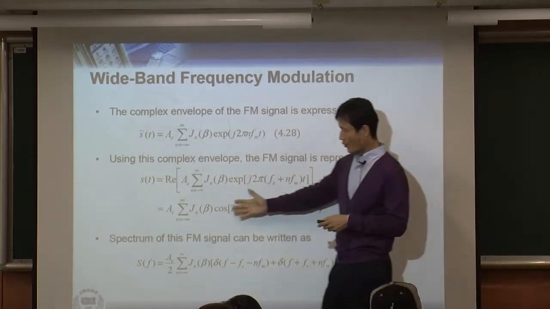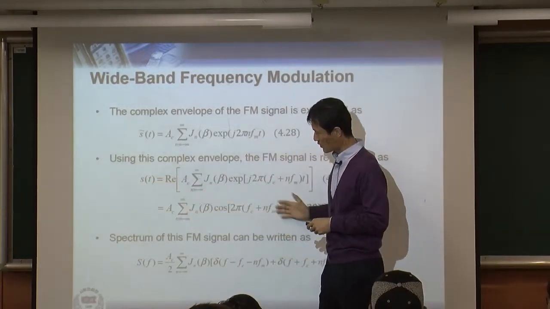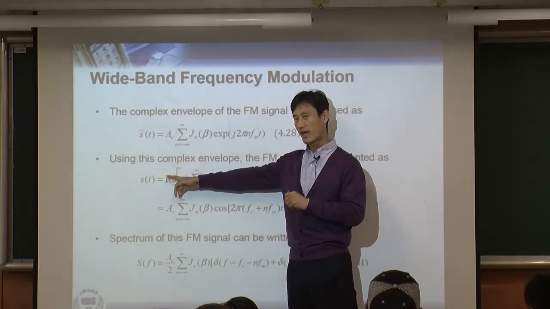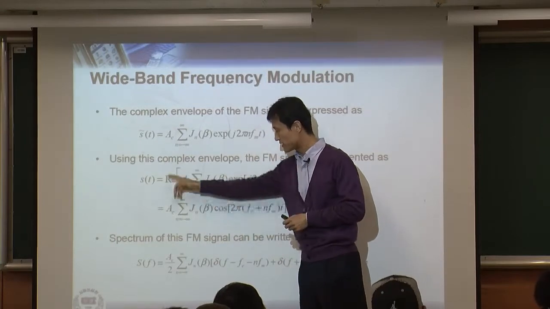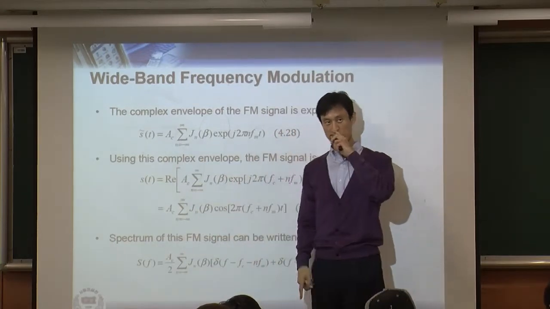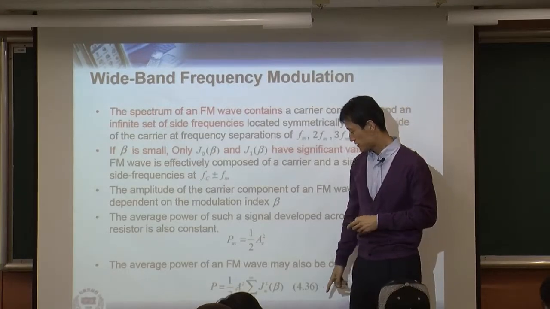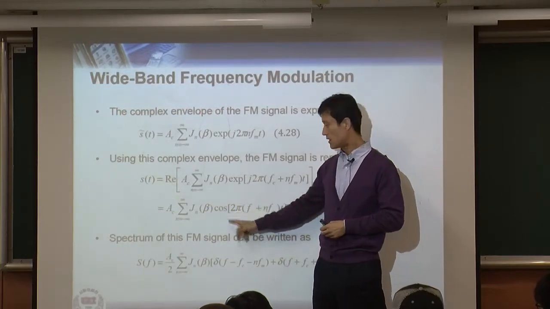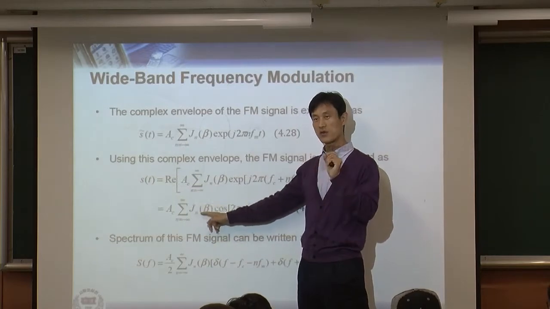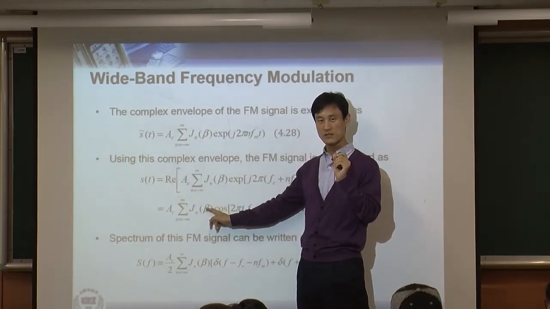Therefore, when you have this one as s(t) and take a look at the average power, what you need to do is square this and do the integration. Then what do you get? From the cosine, you're going to get 1 over 2, and this is a coefficient, right? You're going to get the square of this.